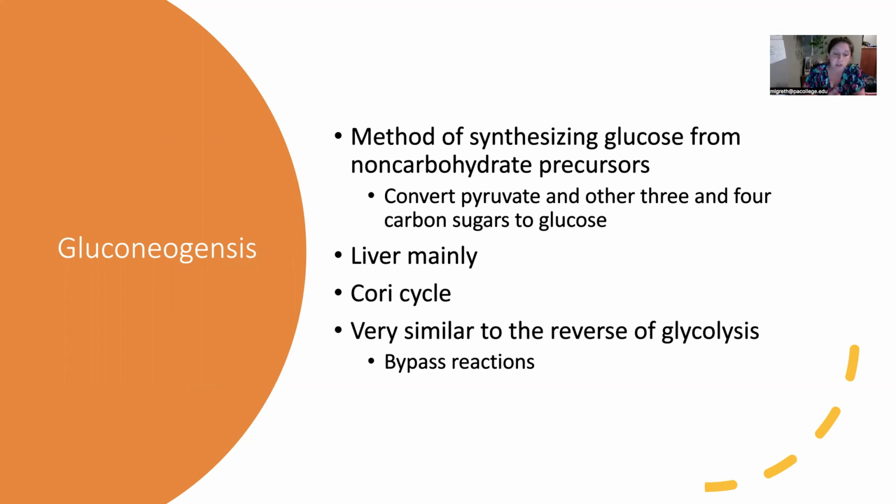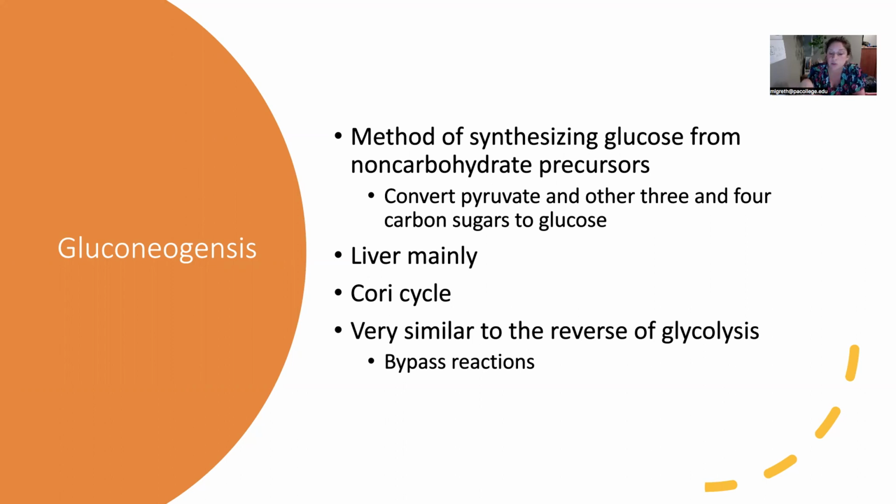Glucose is necessary for continued function, with some cells relying completely on glucose as their energy source. These are things such as the brain, nervous system, erythrocytes, and embryonic tissue, areas of the body where you really don't want to be running out of glucose.